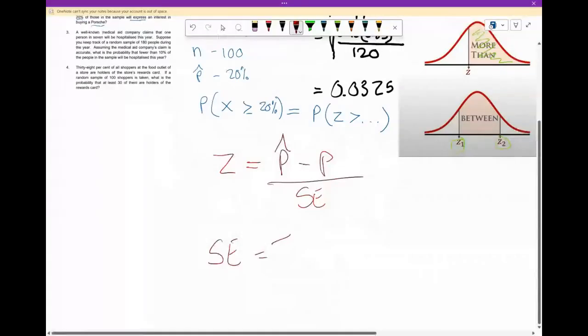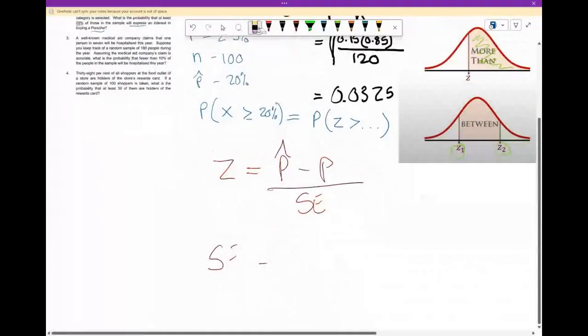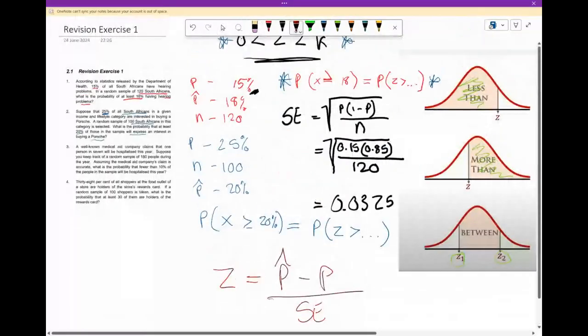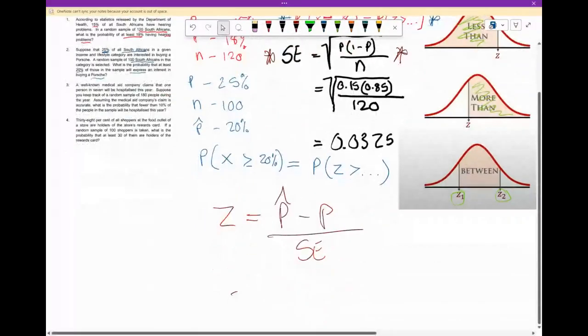Let me not rewrite it in the interest of time, but it's this one here. And you'll see when we are not looking at proportion, when we are looking at the mean, the calculation of SE is slightly different. So your step one is to get SE before you can get Z.